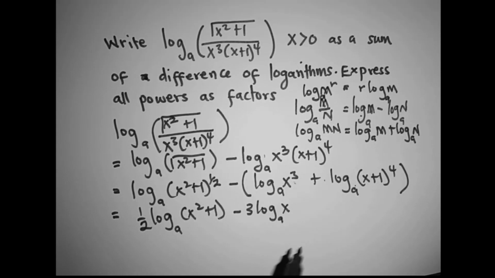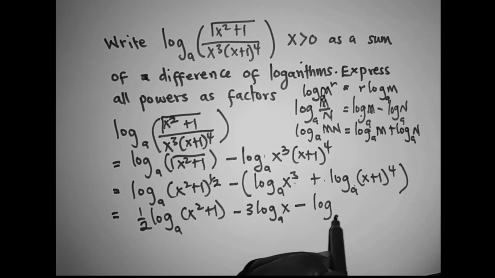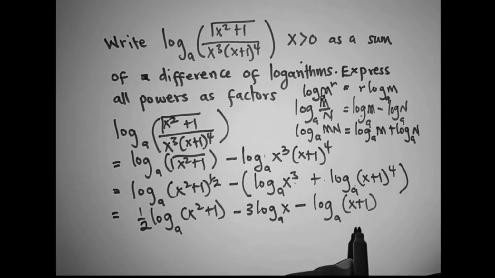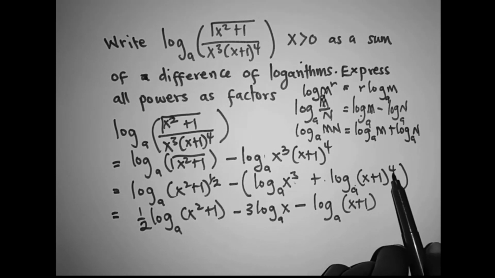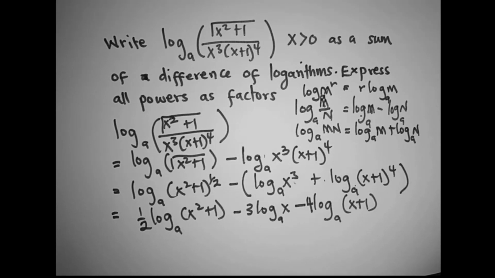Then minus times this, we make this plus minus log base a of x plus 1. But remember that this is also exponent 4, so we can bring the 4 to the back here, and it becomes minus 4 log into bracket x plus 1.